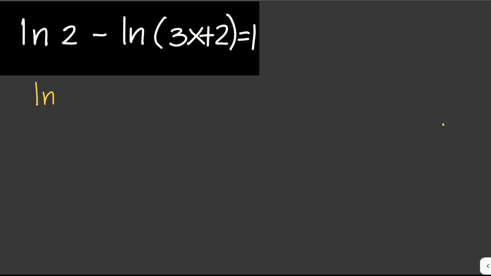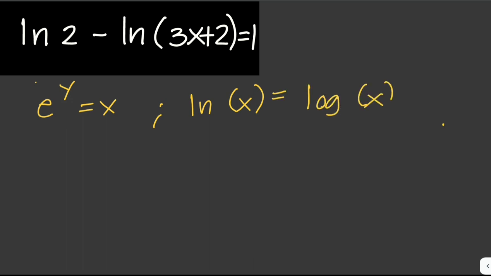So the definition of a natural logarithm is that when e to the y equals x, then the base e logarithm of x, which is ln of x, is equal to the logarithm of x to the base e equals y.